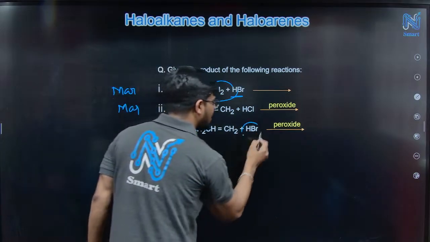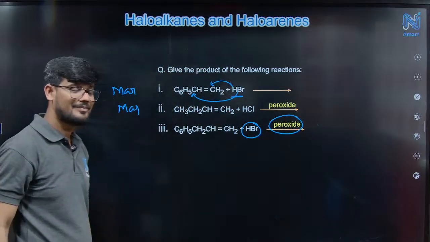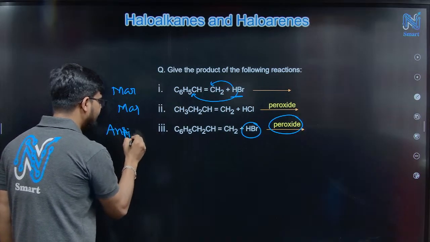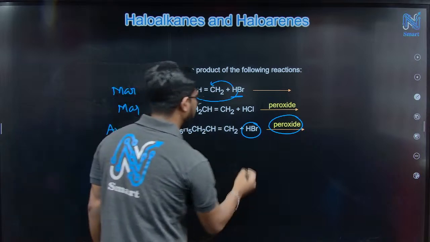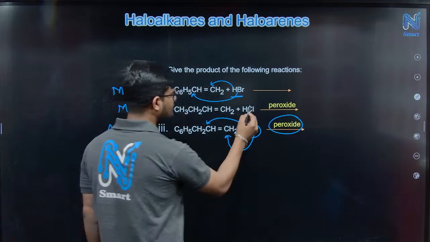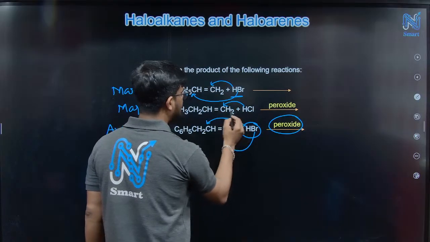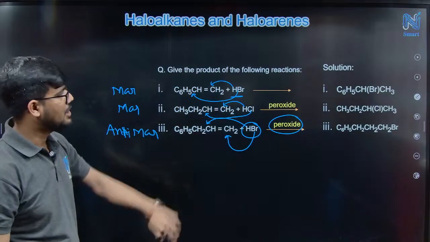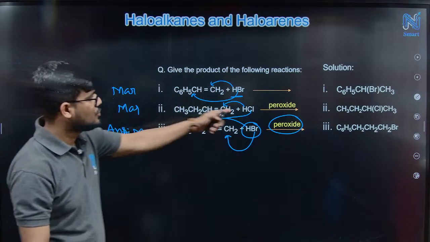Third case, HBr and peroxide both are there. So here you will get the anti-Markovnikov product. That means Br will be attached here and this one this. Correct? And here hydrogen will be here, chlorine will be there. Now just check the product. Okay, so we are getting the same product.